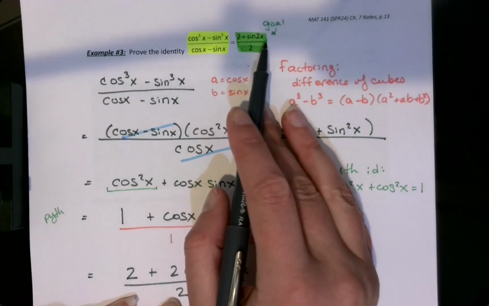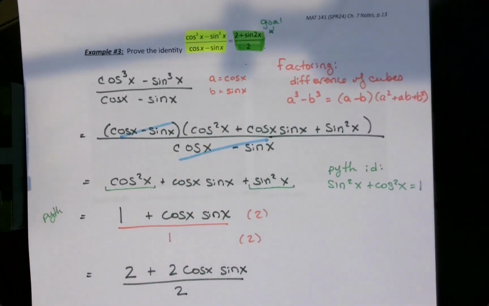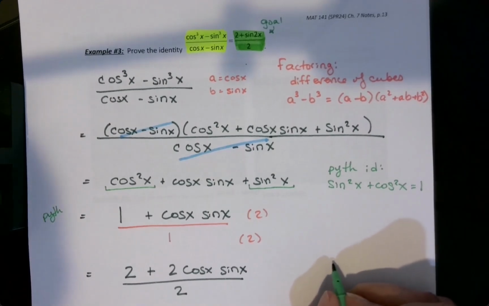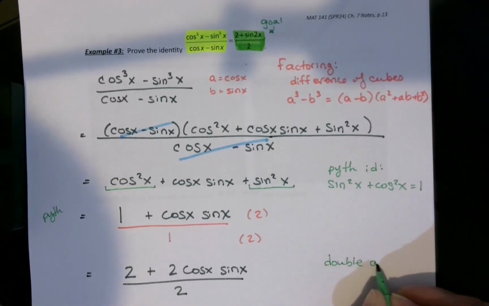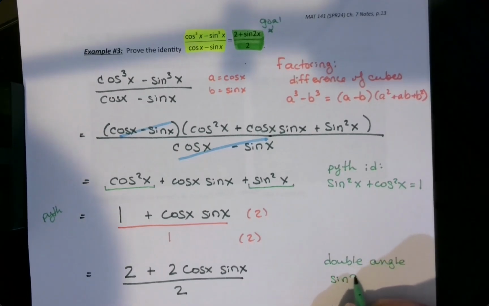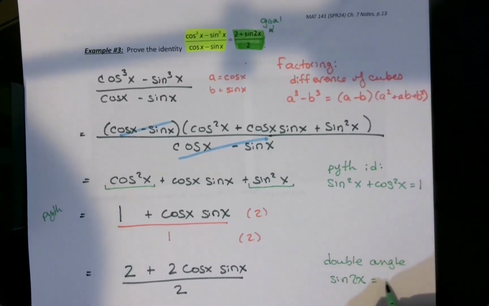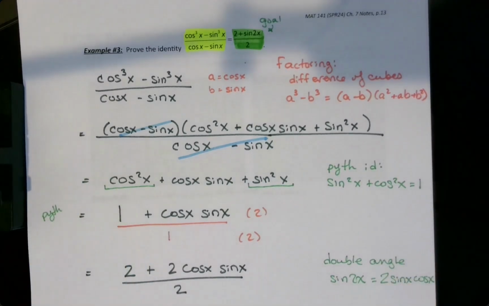We just need the sine of 2x. And I don't have that yet here, but since it is the sine of 2x that's my goal, I might look up the double angle identities and find that the sine of 2x is equal to 2 times the sine of x times the cosine of x.